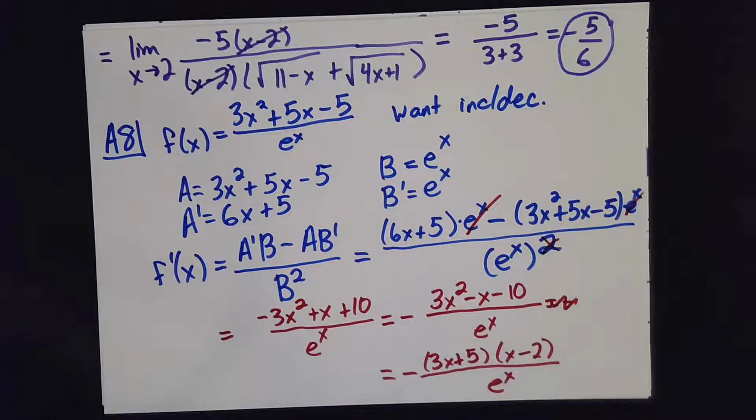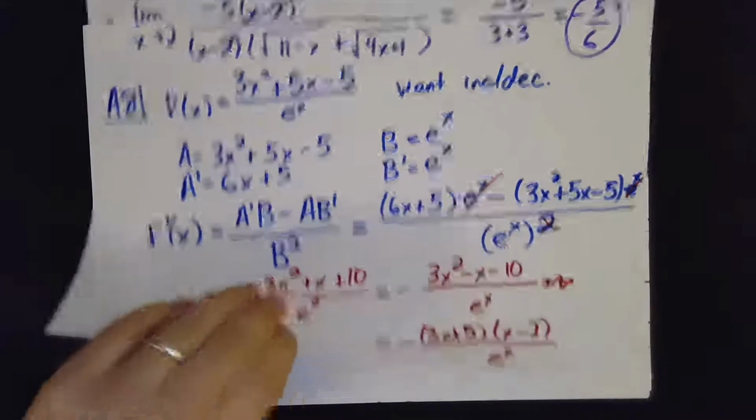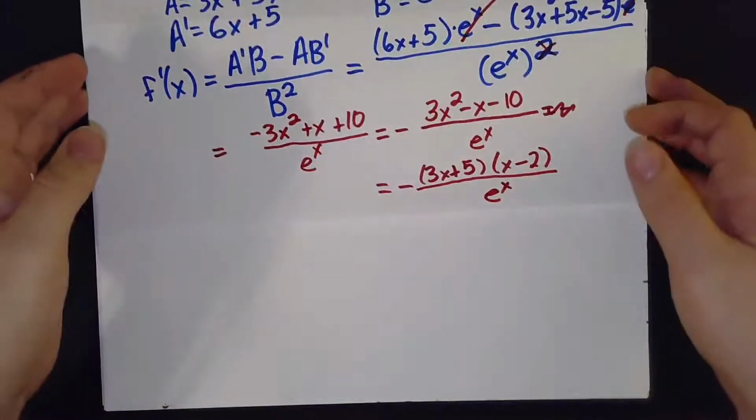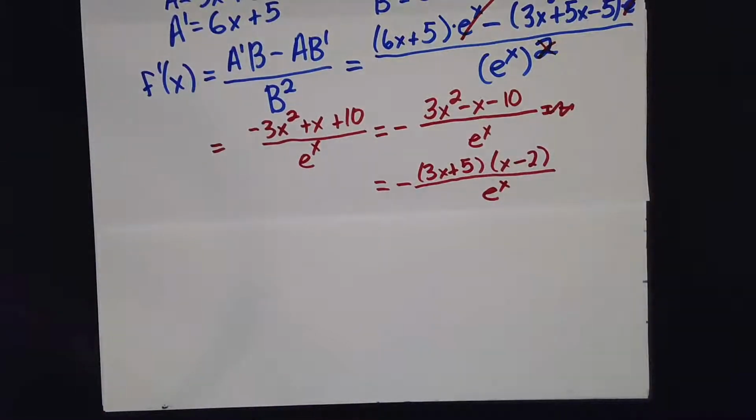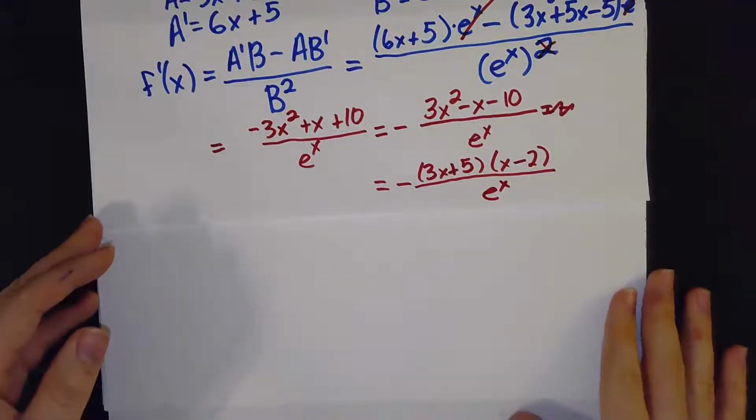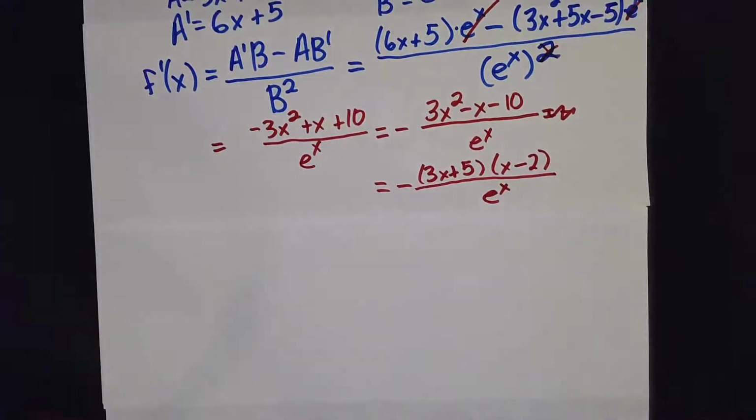I have simplified the first derivative as completely as possible before doing that, because I'm going to need to put stuff back into the first derivative as part of executing the test.